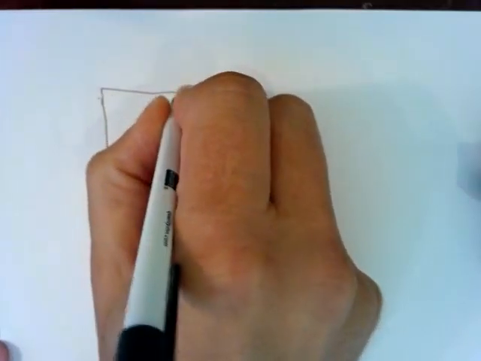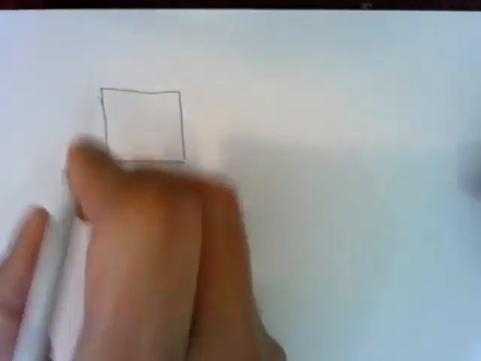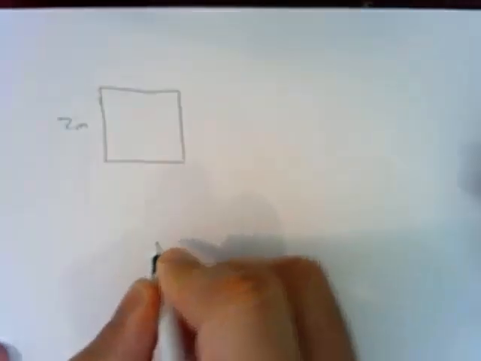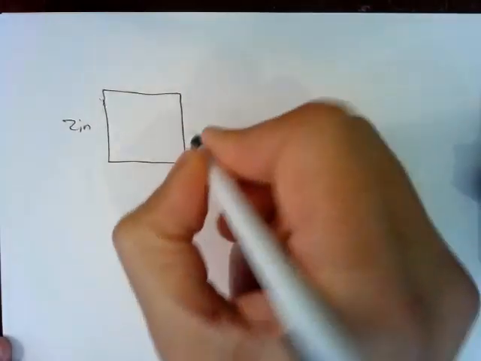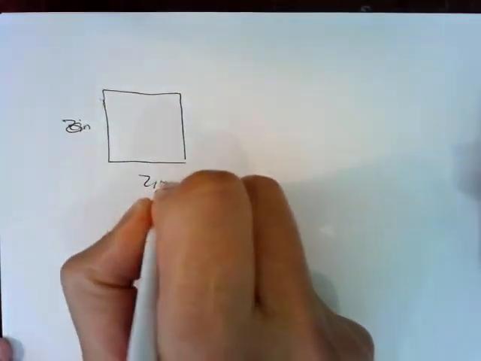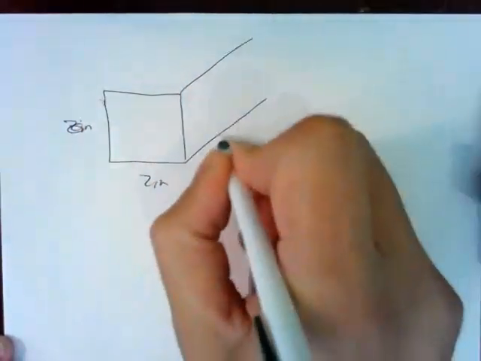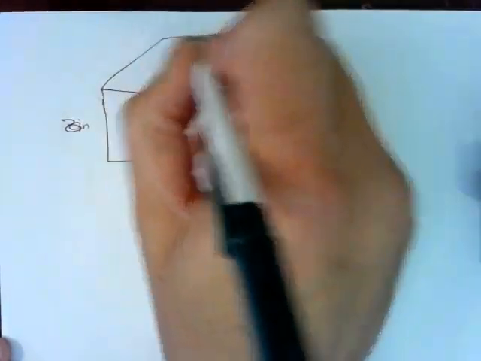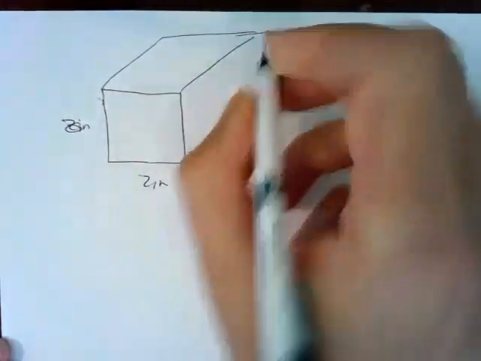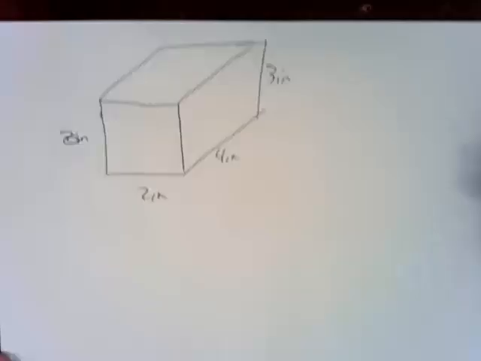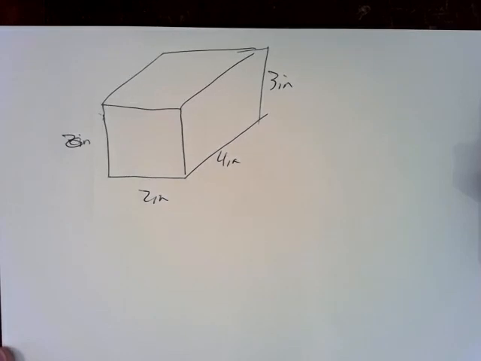So let's look at another example. I'm going to stop doing these with rulers. And let's say we have 2 inches here. I'm going to try to make this a little bit longer. We're going to make that a 4-inch depth. And let's say it was 3 inches tall. So we have a 2 by 4 by 3.